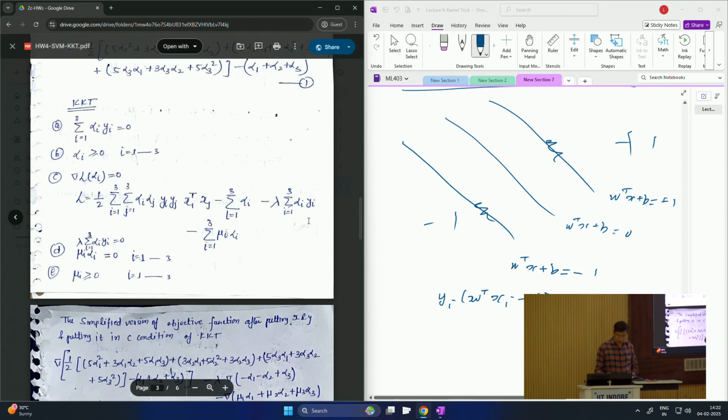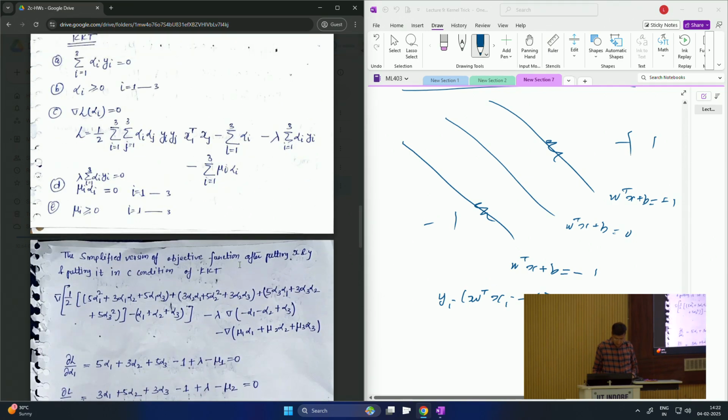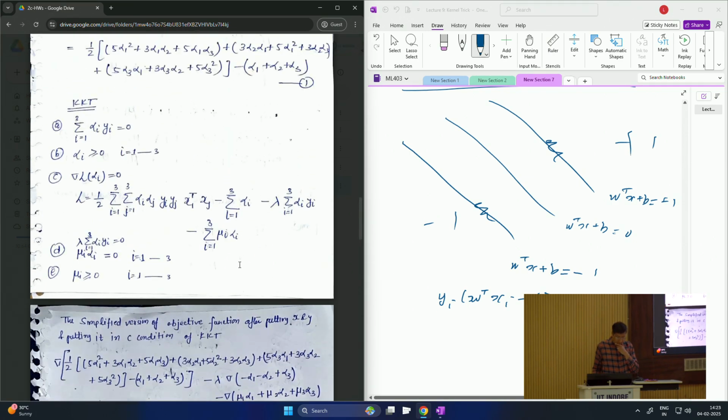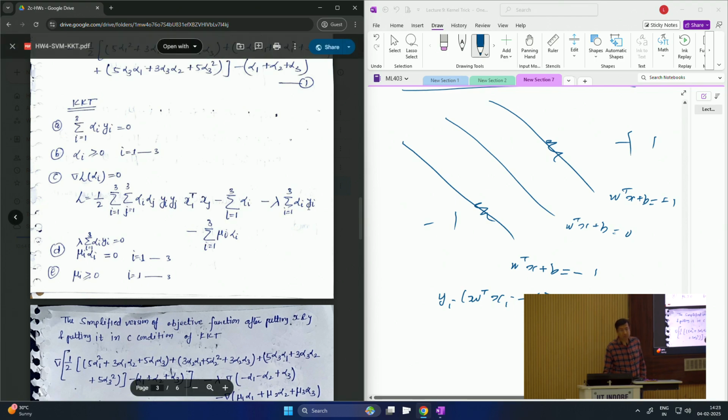and this is your Lagrangian. This should be lambda, by the way. I don't know why the lambda should be inside. There's a mistake here. Why is it written lambda inside? This is only one constraint, right? So it will be just lambda. This is only one constraint, alpha 1 y1 plus alpha 2 y2 plus alpha 3 y3. If there were multiple constraints, then we would have multiple lambdas.